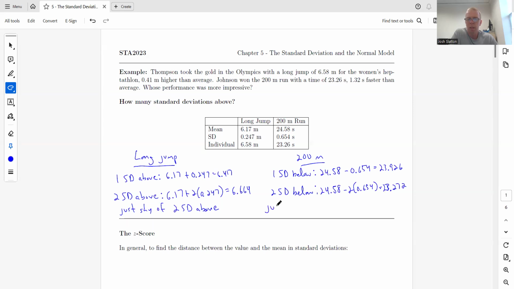So let's say just over 2 standard deviations below. And so just going with that, we can see that this one is farther away measured in standard deviations. It's farther from the mean measured in standard deviations. So that tells us that that would be the better performance for that event compared to the long jump distance.